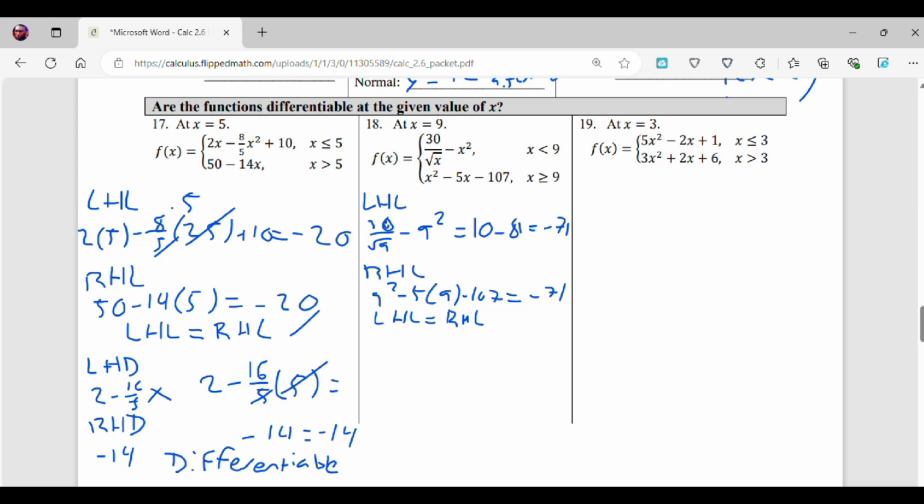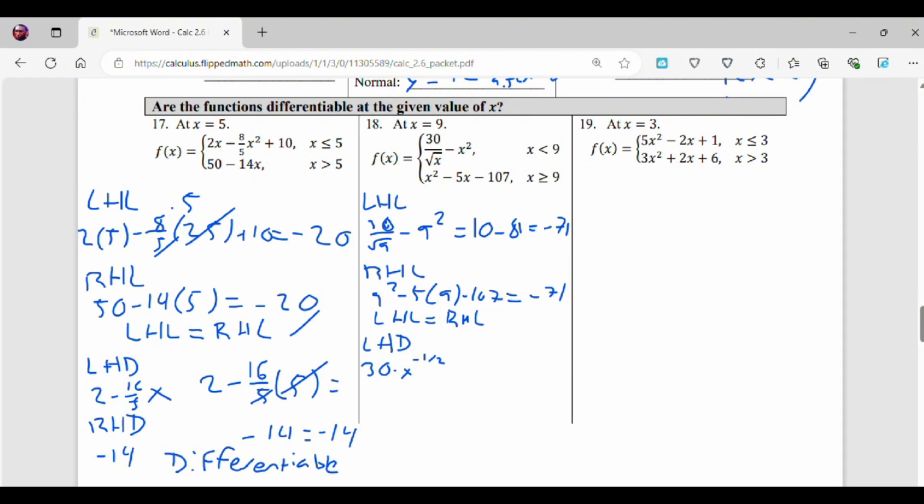Okay, so I'm going to rewrite things with powers to make things easier. 30 over square root of x is kind of hard to do off the top of our heads, so we're going to rewrite this as a power. 30 is our constant, times x to the negative 1/2.